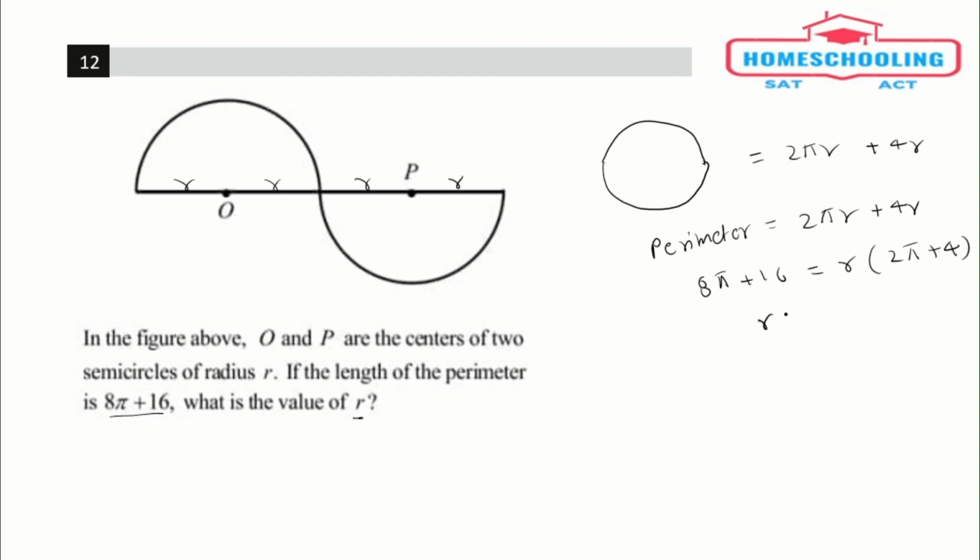So radius is going to be 8 pi plus 16 divided by 2 pi plus 4. Let me calculate that on a calculator. It is almost equal to 4. So your radius is 4. This is your answer. Now moving to the next question.